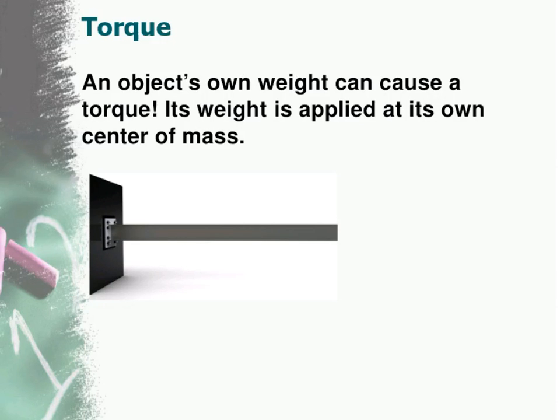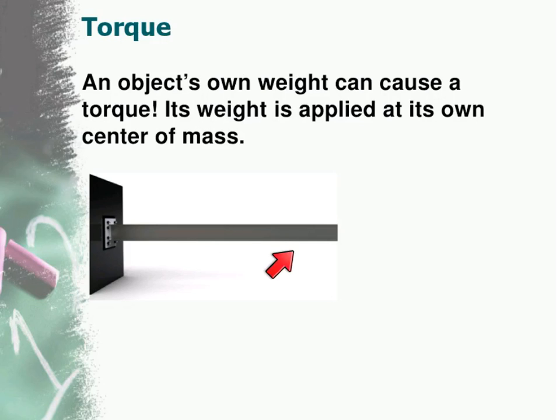Okay, now, one more thing I want to say about torque, because an object's own weight can cause a torque on the object. You could think of any rigid object, like a piece of wood or a hammer, as having its weight applied at its center of mass. So if I have a beam right here, and it is sticking out of a wall, and it's bolted to that wall, this beam's own weight is actually exerting a torque.